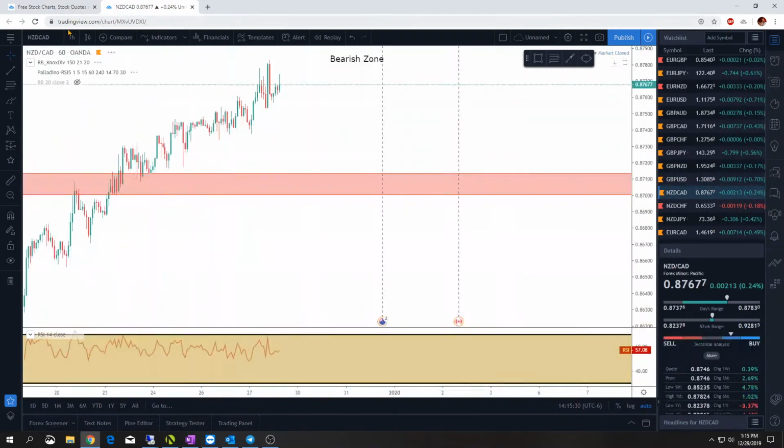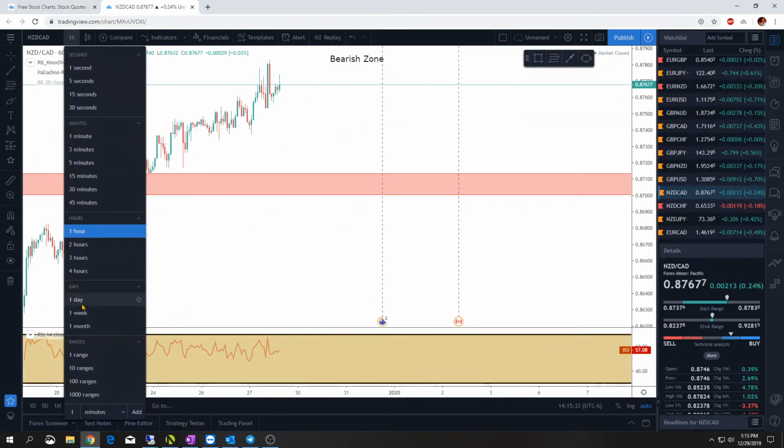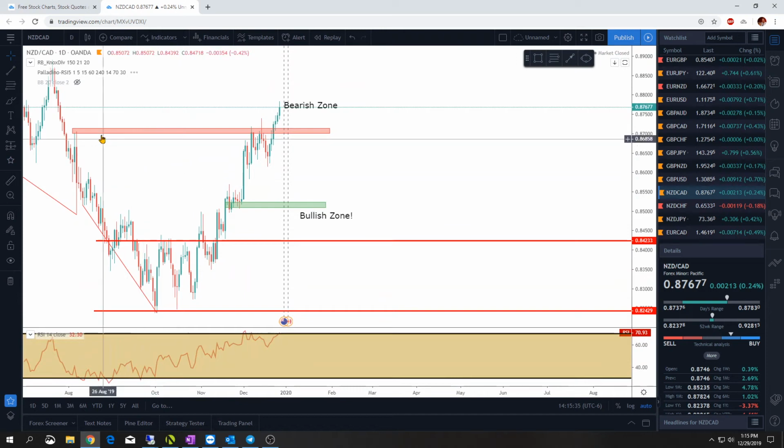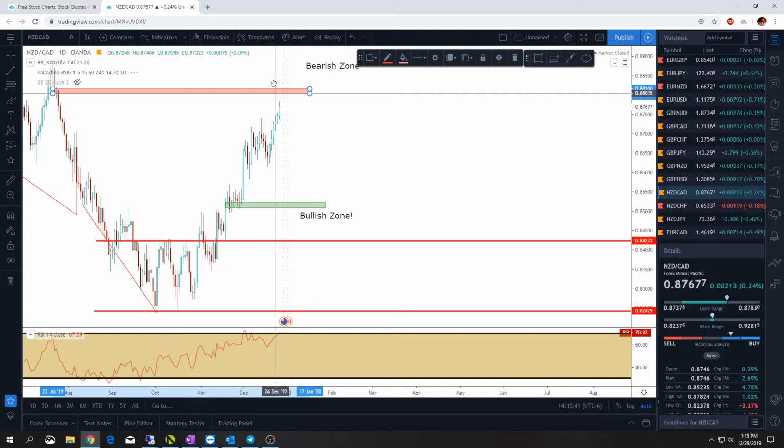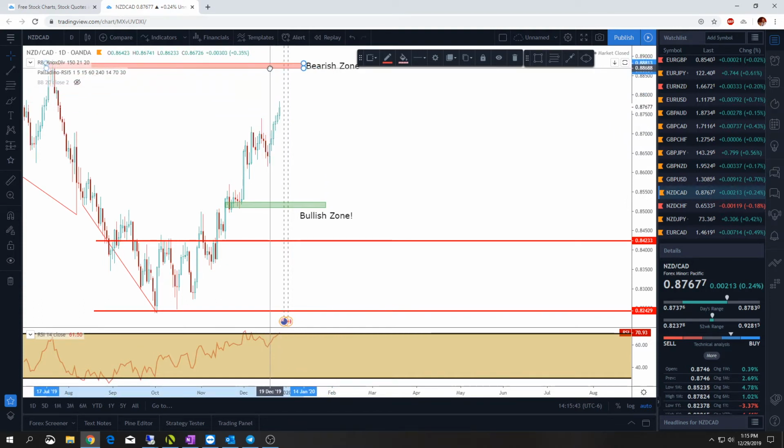New Zealand dollar, Canadian dollar. All right, so we had a break of this resistance. Let's take our bearish zone all the way up to that next resistance level on the chart. I'm bullish here.